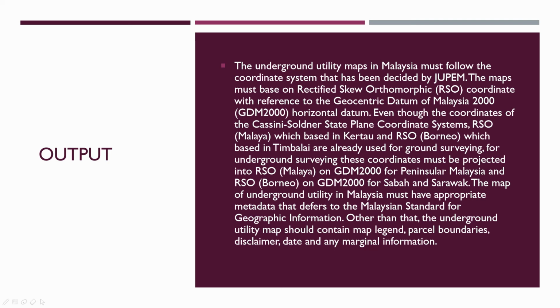Even though the coordinates of the Cassini-Soldner state plane coordinate systems, RSO Malaya which is based on Kertau and RSO Borneo which is based on Timbalai, are already used for ground surveying, for underground surveying these coordinates must be projected into RSO Malaya on GDM 2000 for Peninsular Malaysia, and for Sabah and Sarawak.